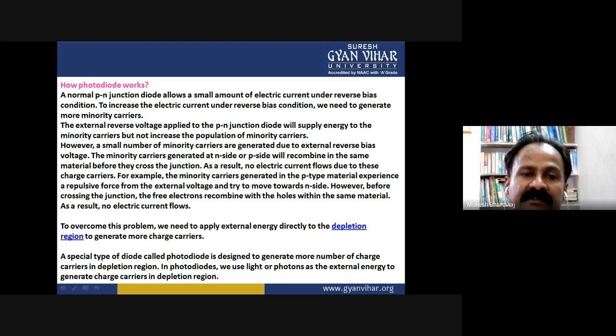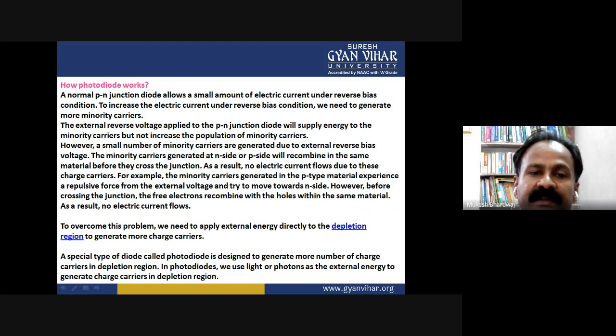The external reverse voltage applied to the PN junction diode will supply energy to the minority carriers but not increase the population of minority carriers. However, a small number of minority carriers are generated due to external reverse bias voltage.